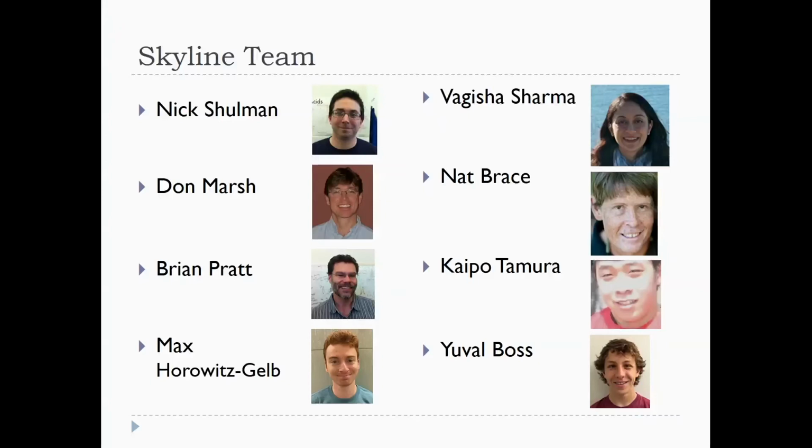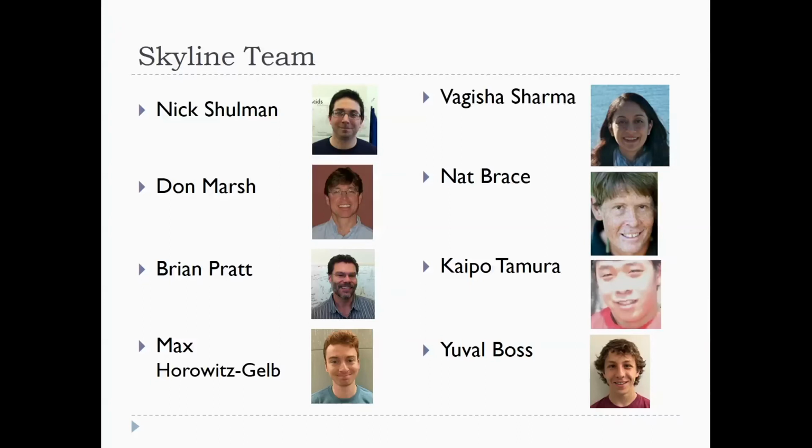Max is the intern who's leaving in 3 weeks for Google, but he's been working on integrating TRIC, and we hope we're there. He's the one that pointed out, hey, I think this retention time squared has some weird properties, and led to that aha moment. Vagisha is in charge of Panorama. She wrote the first line of code for Panorama and designed the schema.